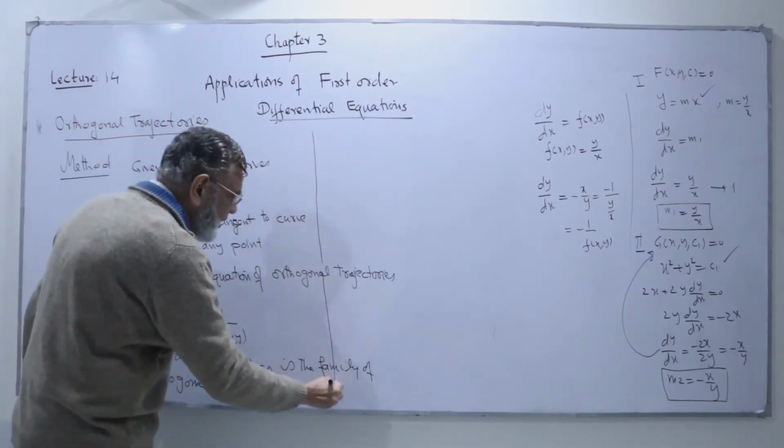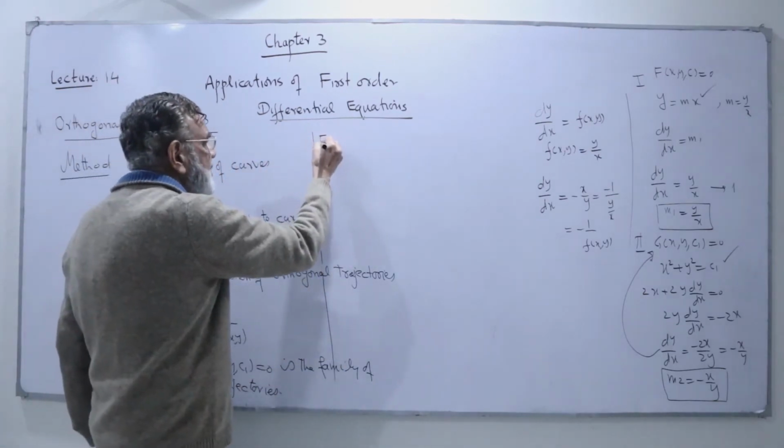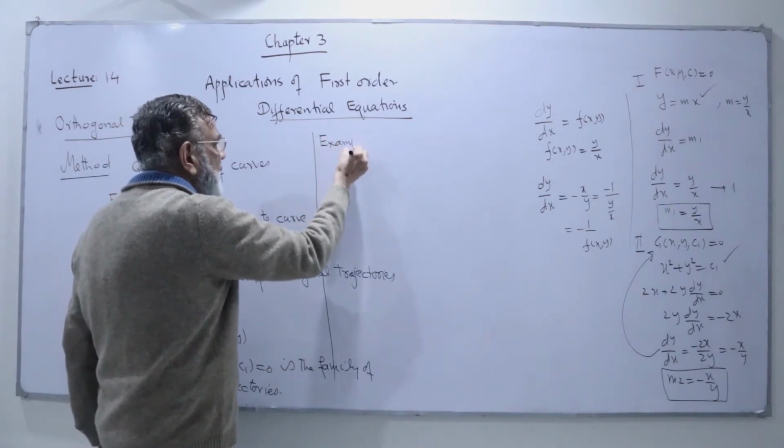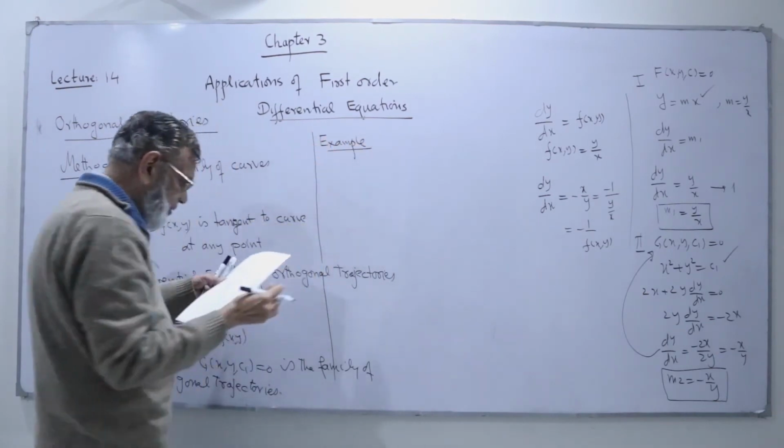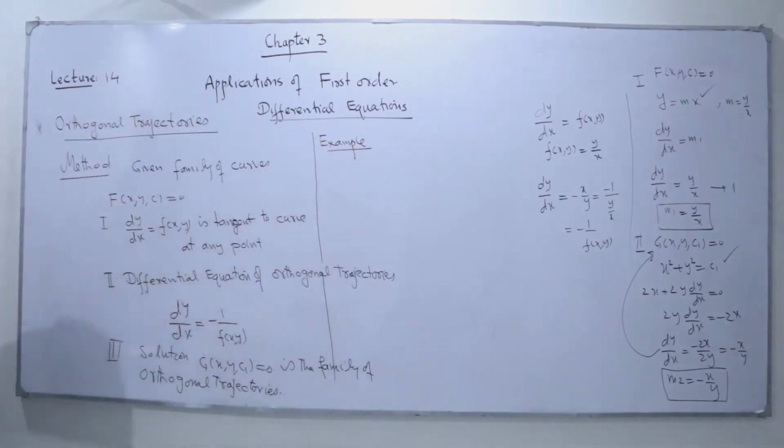I explain this with the help of an example. We take an example where a family of curves is given to us, and we solve it to find the orthogonal trajectory.